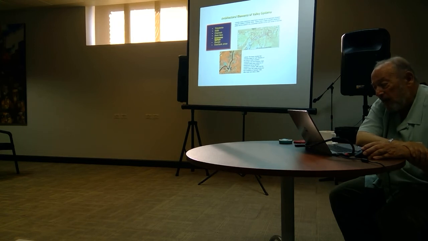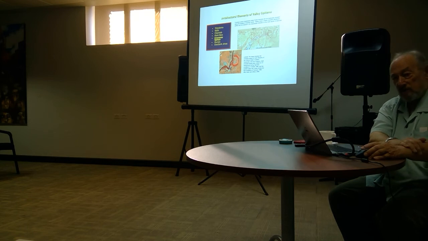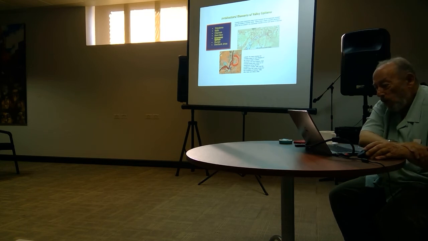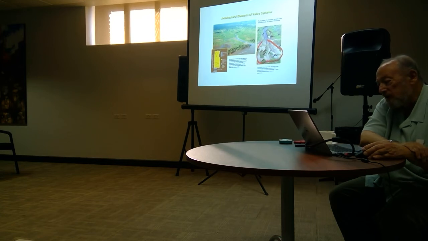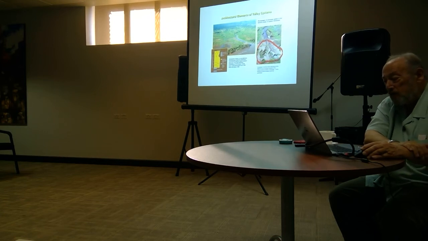The crevasse splay, here's your main river here, and here's a crevasse splay coming off. That's on a horizon slice. Here's a crevasse splay. Remember I said yesterday these crevasse splays usually form in the outside bends of rivers.